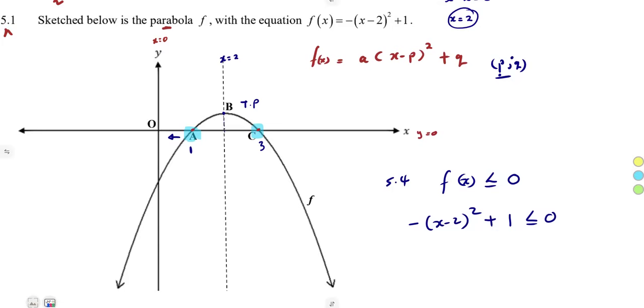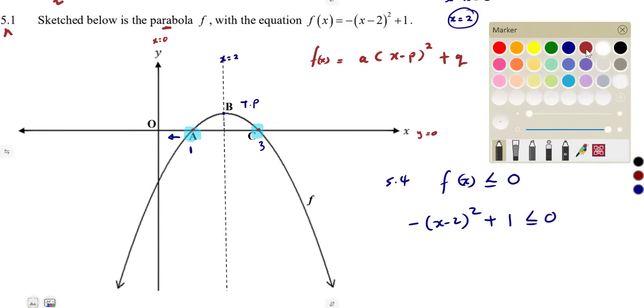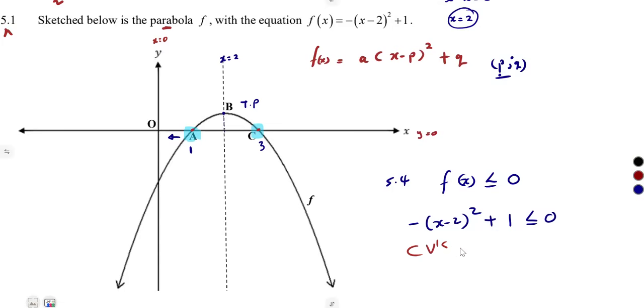So already the critical values are there. You have the x value at A, which is 1, or we have got the x value at C, which represents 3. So as an inequality now, we must consider, because we have got also the function being drawn.